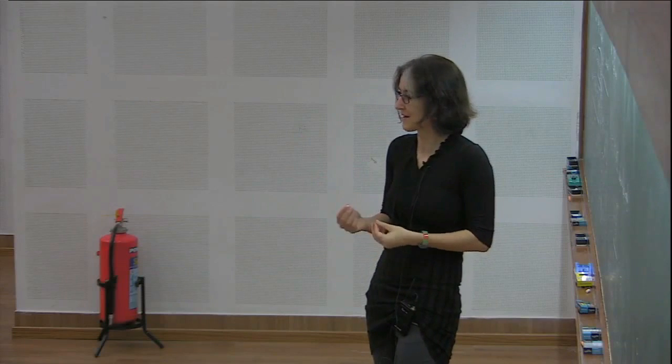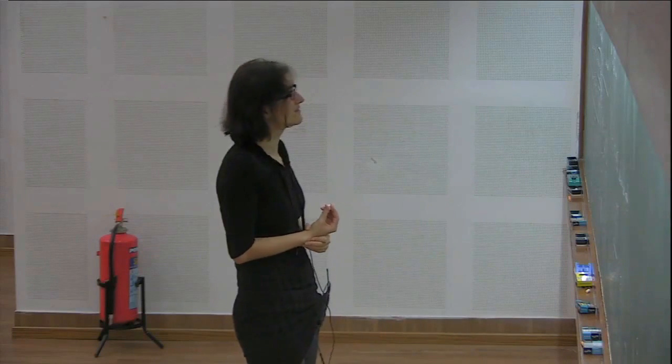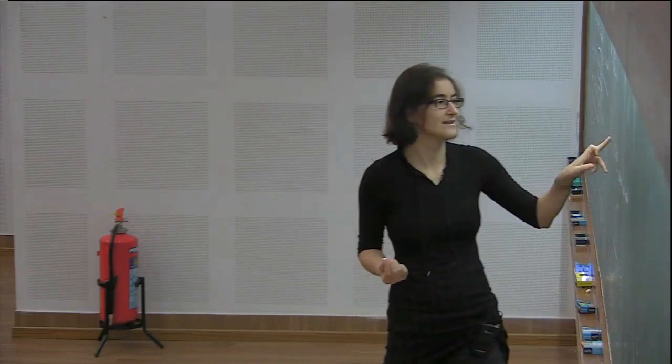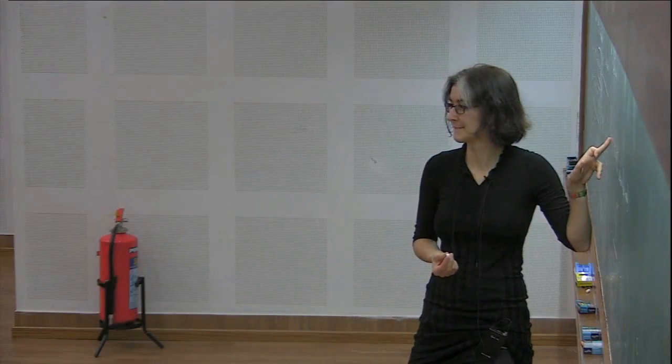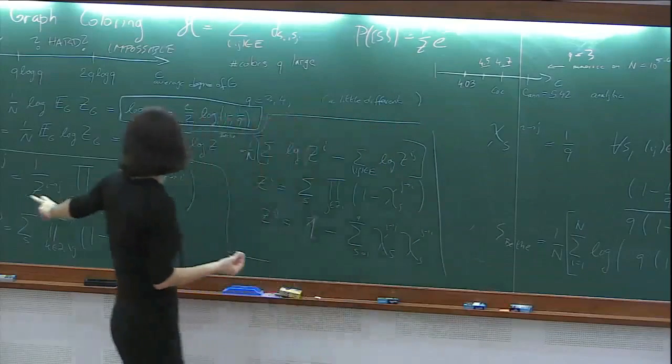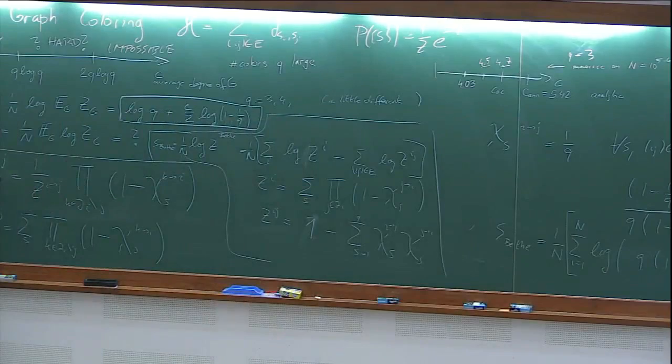So why would we be looking at this? A first thing that we may do that may give us some hint about what's going on is to analyze the linear stability of this fixed point under this dynamical process.